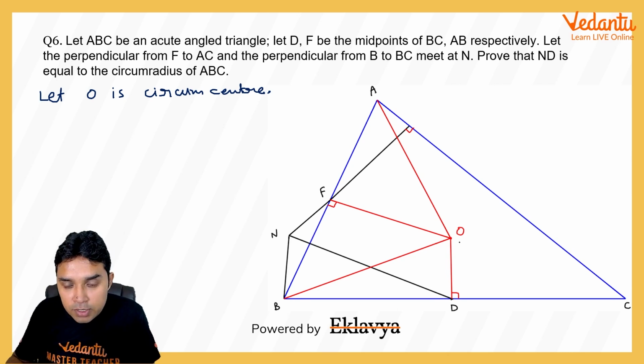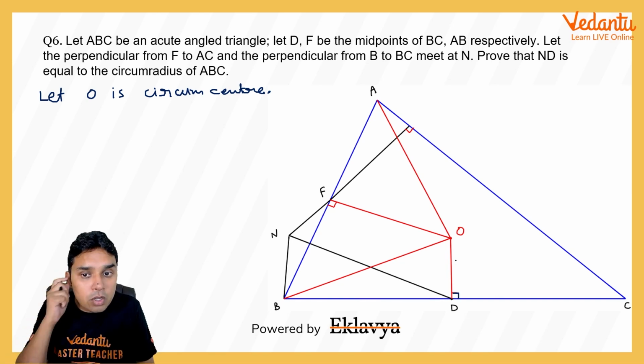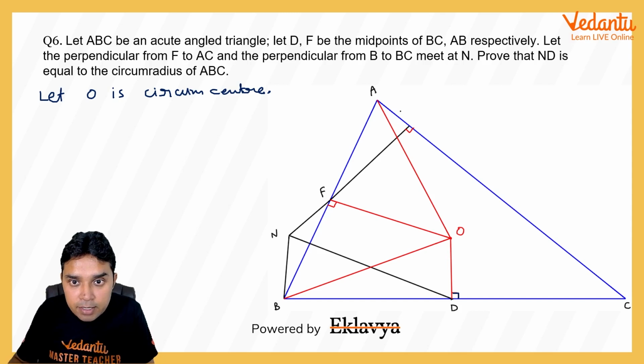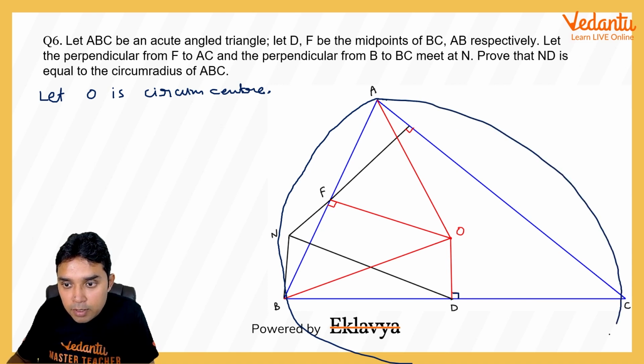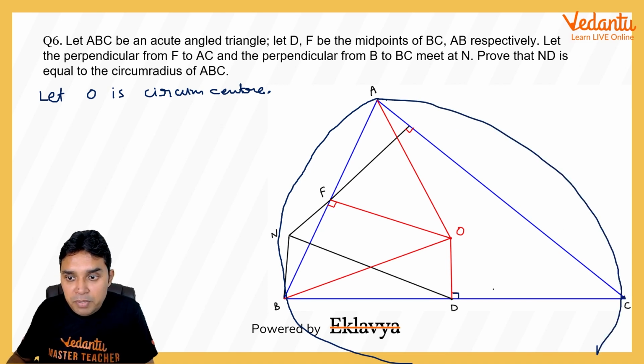As you know, the line joining the center to the midpoint of any chord has to be perpendicular. Please understand, O is the center of the circle passing through A, B and C. BC is a chord and AB is also a chord.